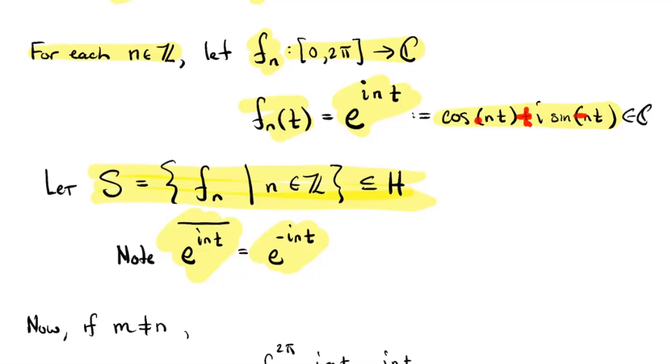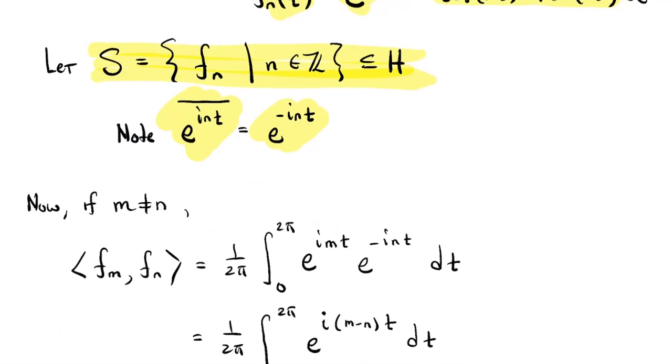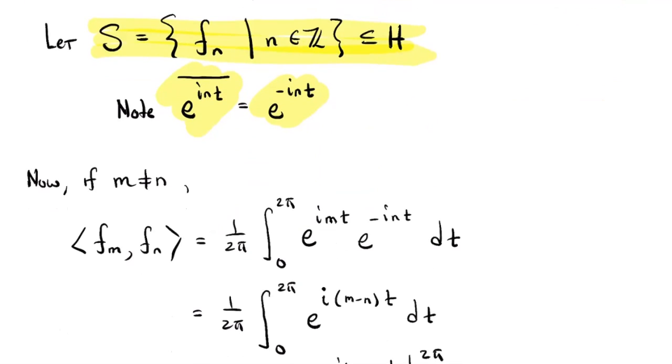Cosine's an even function, so you can stick the negative in there too. I know I'm talking fast, saying lots of facts here, but we can talk about them in class. But this is a fact I'm going to use below. So I'm going to verify that S is an orthonormal set.